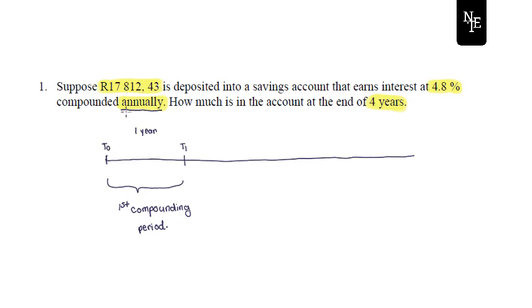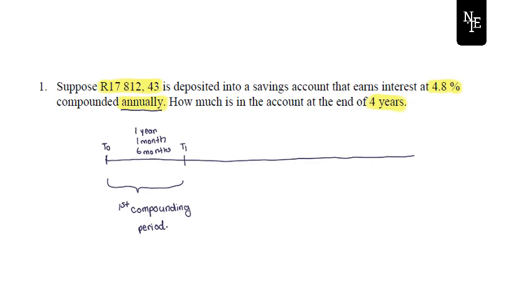Now think about how this would change if this was monthly. If this was monthly, then between T0 and T1 is only 1 month. What about if it was semi-annually? Then the compounding period between T0 and T1 would be a total of 6 months.